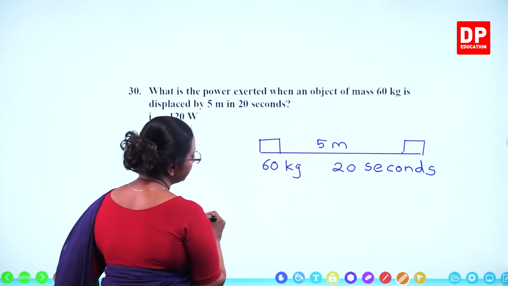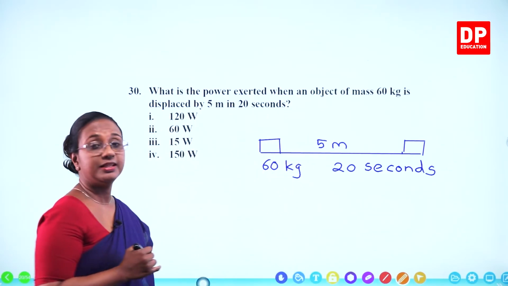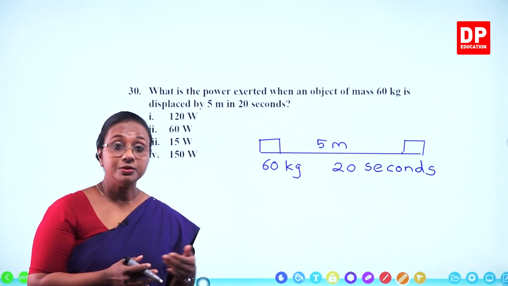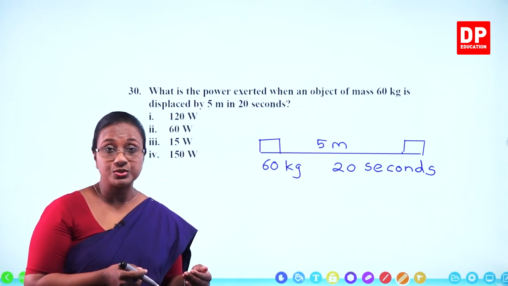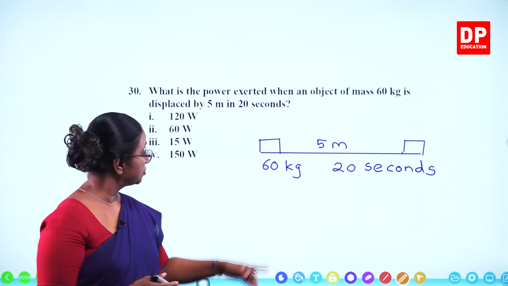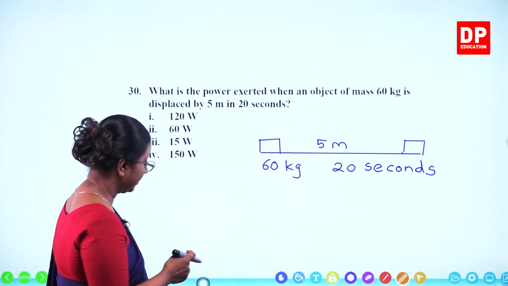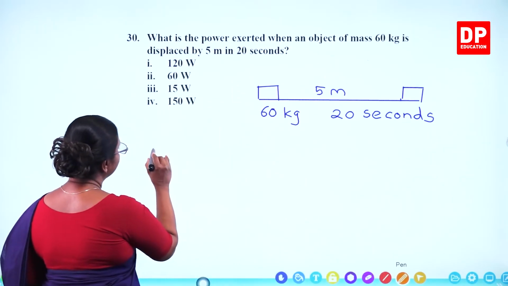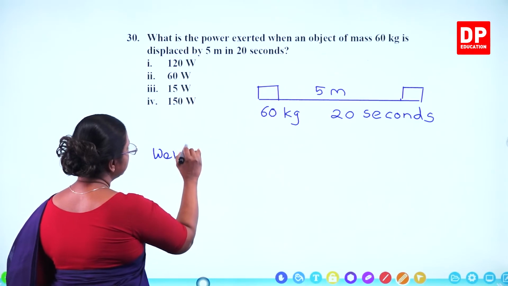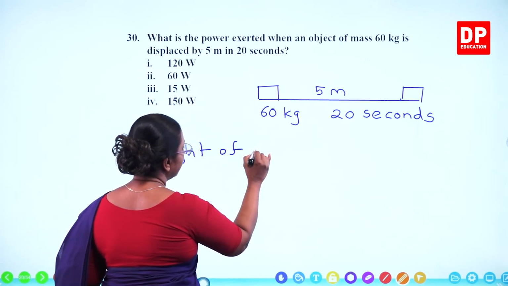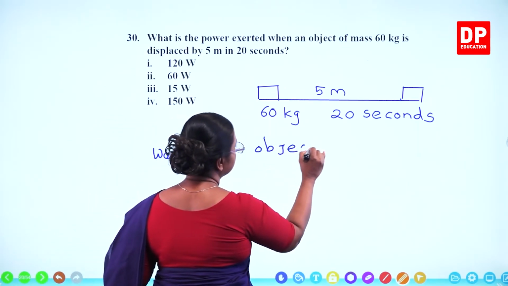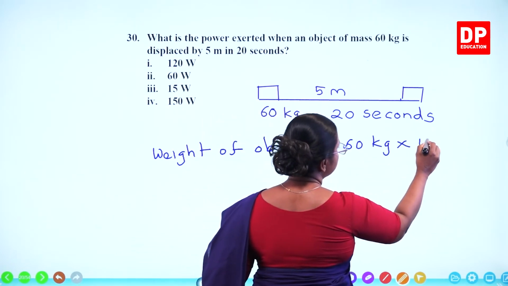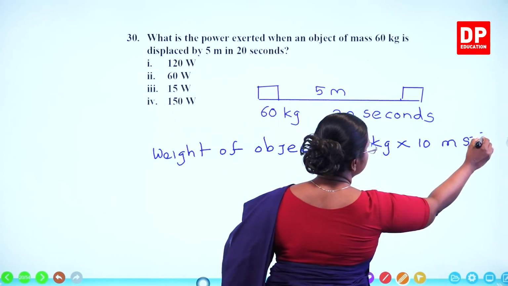Now here you can see it is the mass of the object that is given to us. So if you want to push it, what do you need to do? You need to apply a force. So that will be equal to the weight of the object. That is what you need to calculate first. So we need to calculate weight of the object. Weight of object is 60 kilogram into 10 meters per second squared.